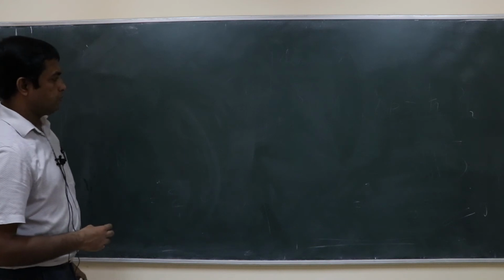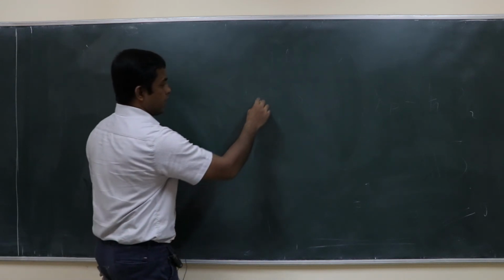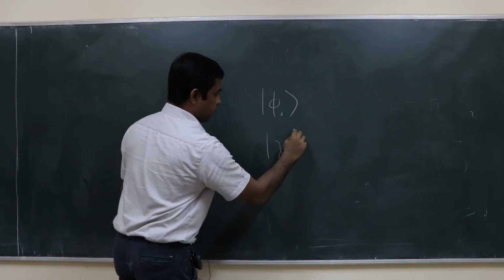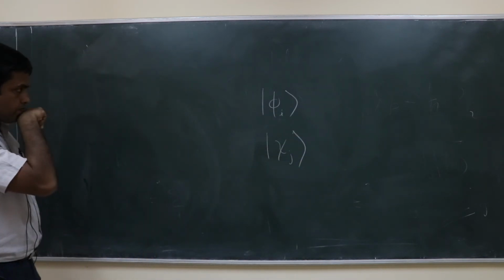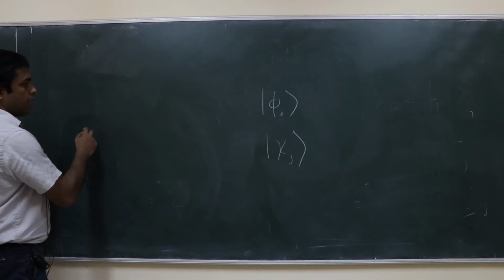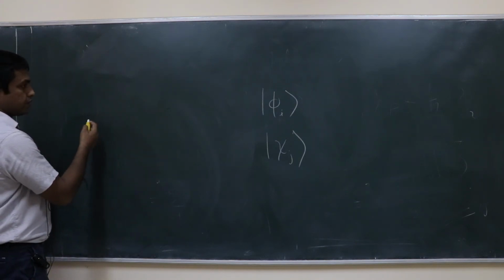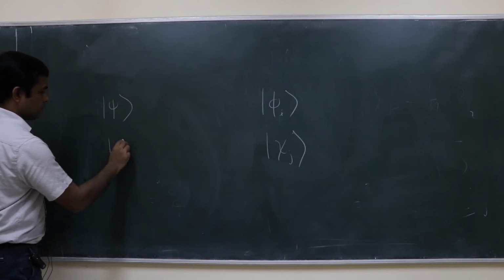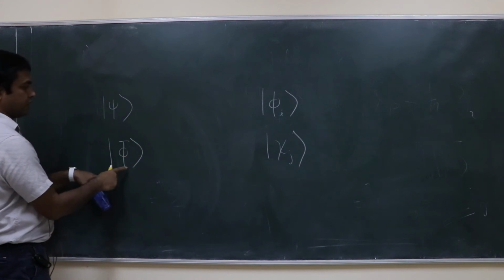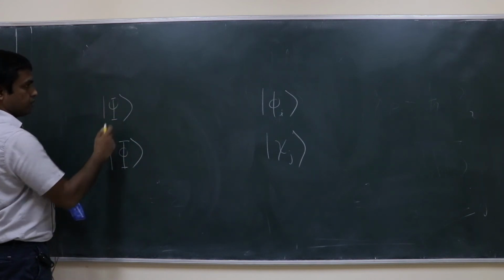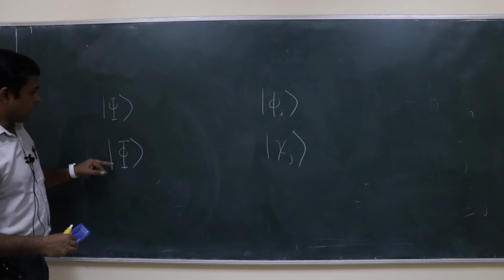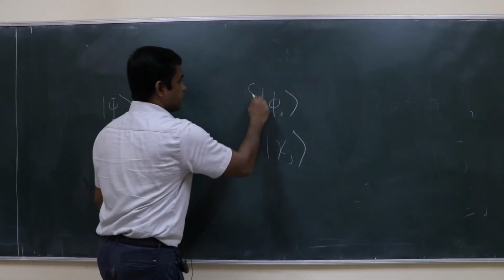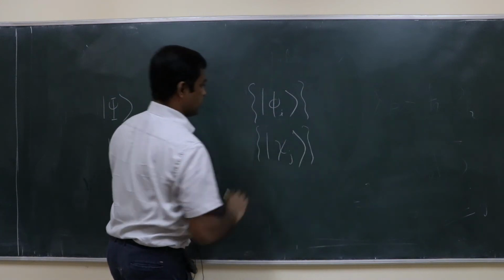So now, whatever we said, I have two basis vectors, phi i and chi j. Now I have two vectors, one is ket psi and the other one is ket phi, so these are different vectors. I have a basis set and another basis set.